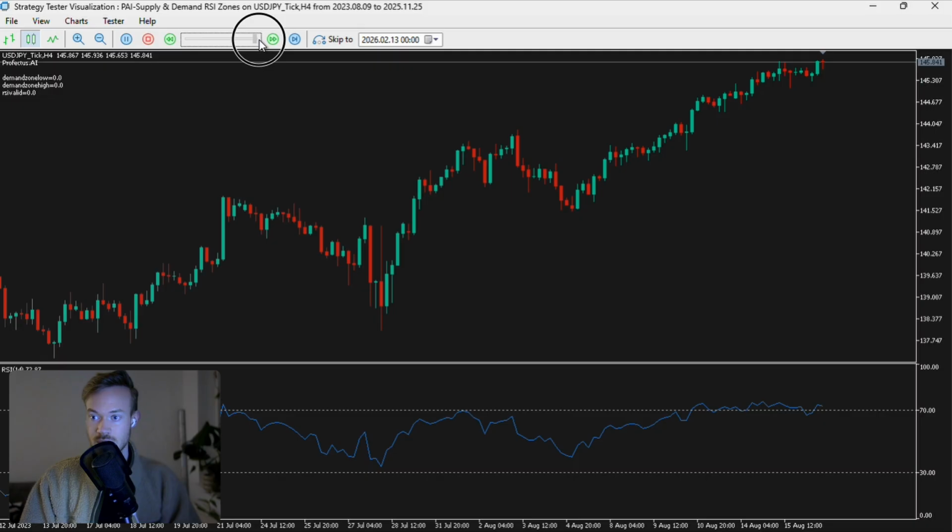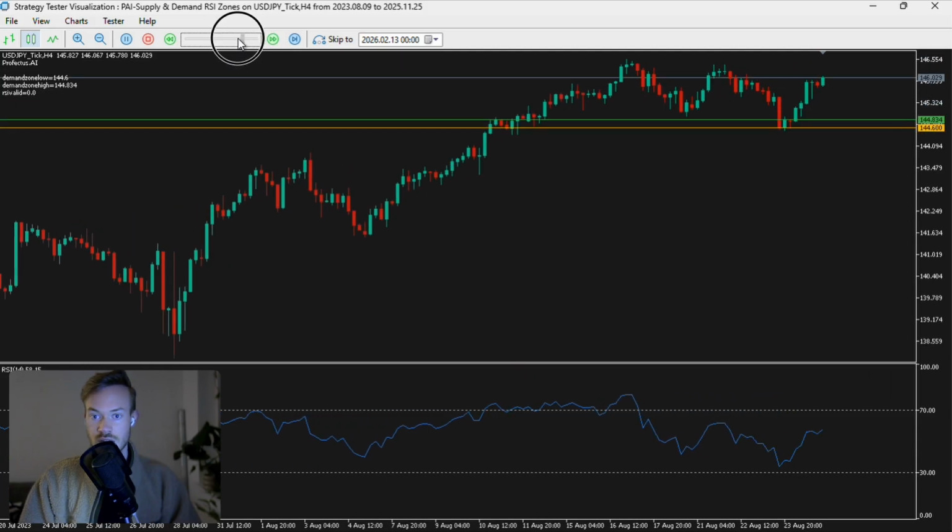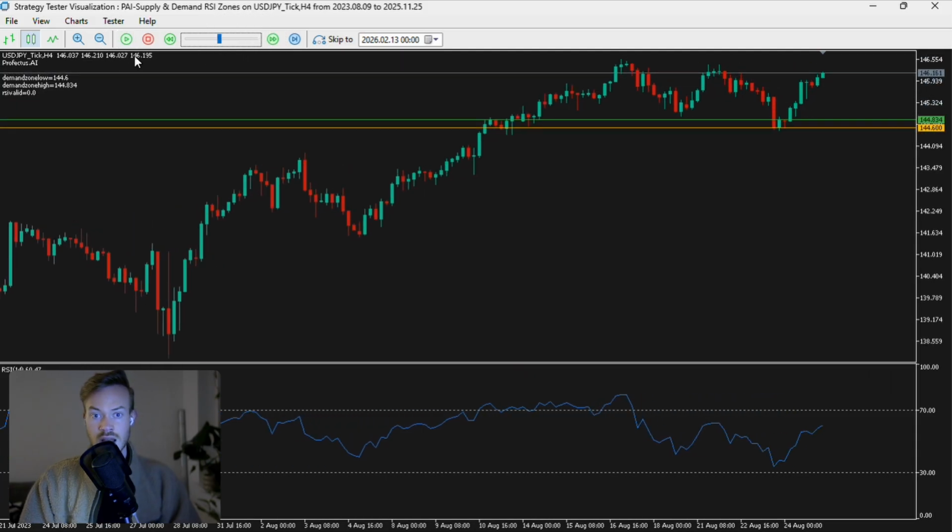We deal with the same concept of how we define the demand zones based on an imbalance and then an impulse to the upside, and we will add the RSI on top. Let me quickly show this to you on the charts in MetaTrader 5. I will stop it right here.